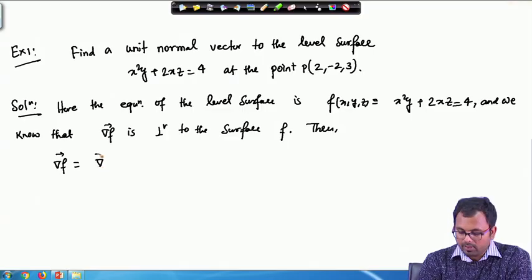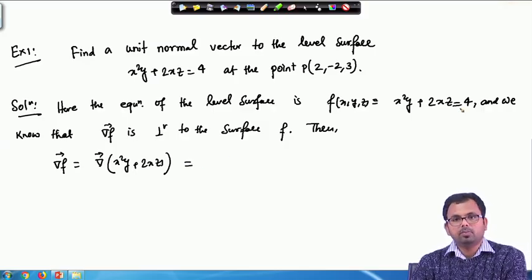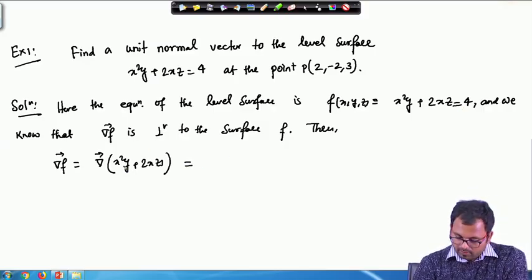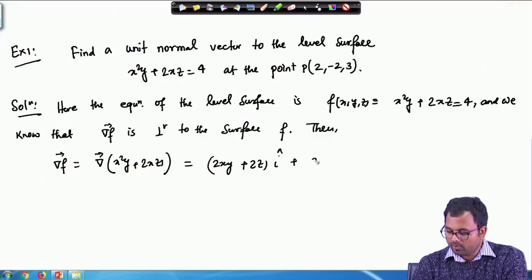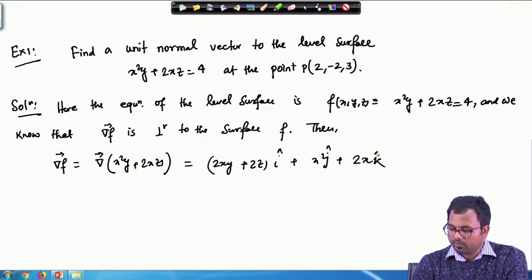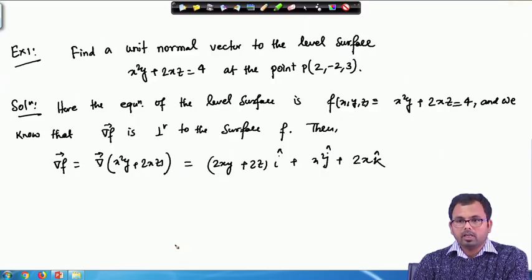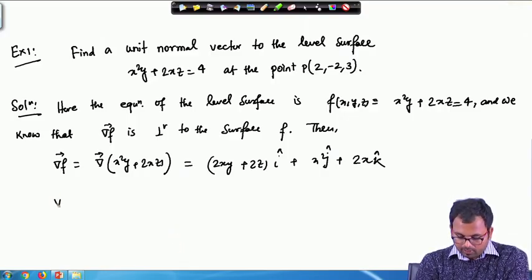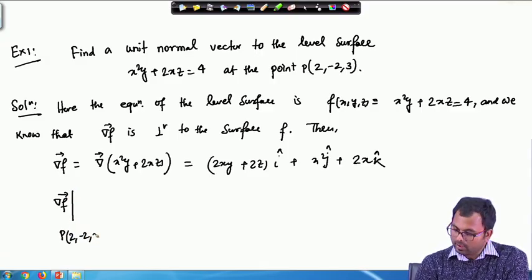The gradient of f would be the gradient of x²y + 2xz. Of course, the gradient of 4 will be 0, so calculating this is not difficult. So, del x gives (2xy + 2z) times i, plus del y gives x² j, and del z gives 2x k. This is the required gradient of f. Now the gradient of f at the point P, which is (2, -2, 3).